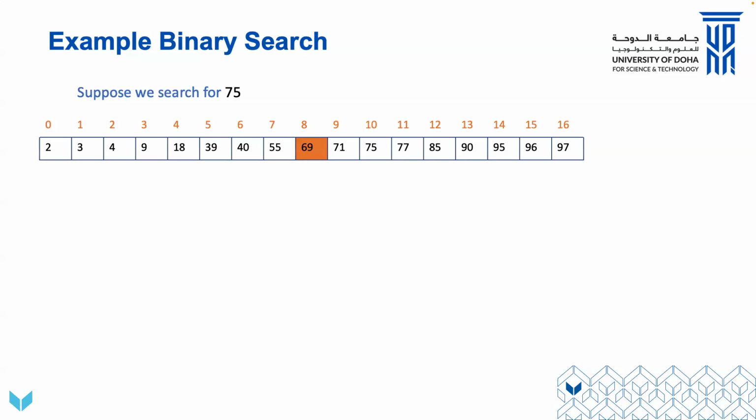And yes, if you have one element out of place, this whole algorithm doesn't work. All right, so because I'm looking for a number that's bigger than the number that I found, I'm going to completely ignore all of the items from position 0 until position number 8, which means that now I'm going to look only between position 9 and position 16.